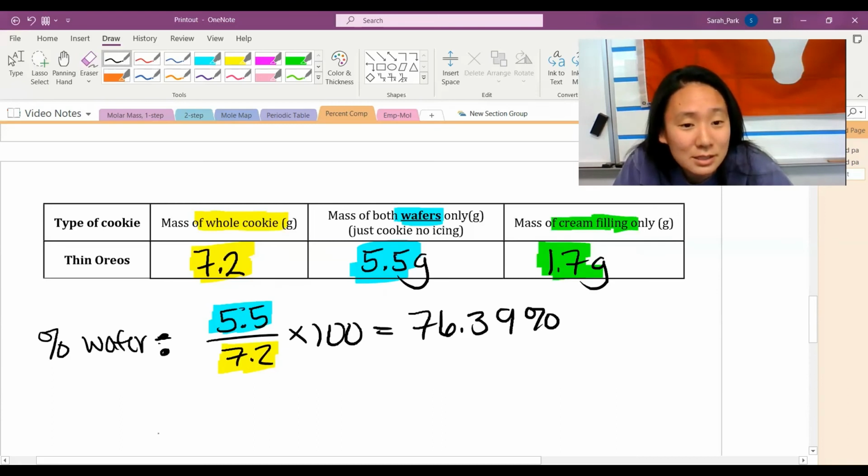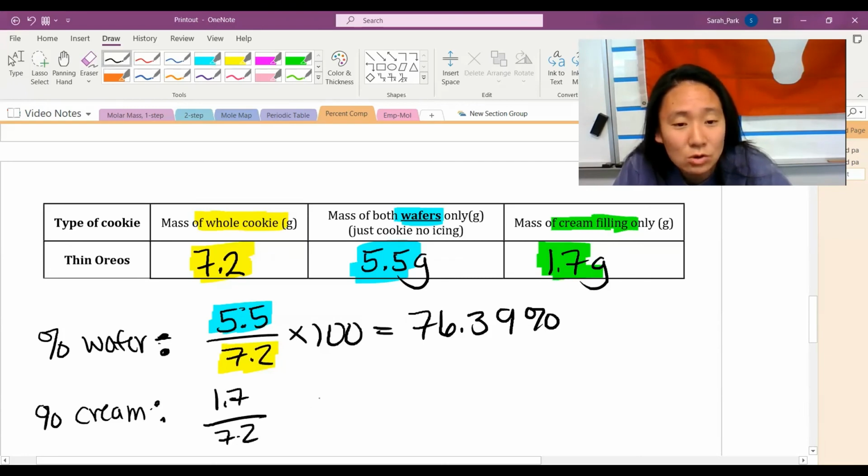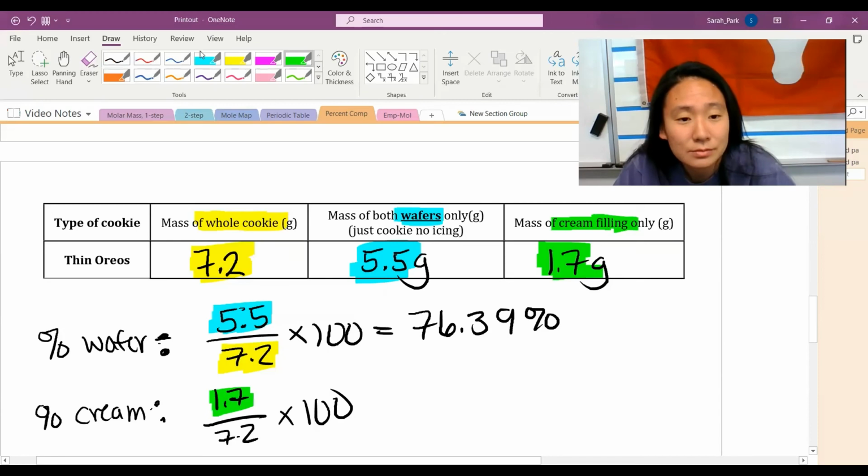So for us here, we have percent composition of cream. I'm going to take the 1.7 divided by the total times 100. So make sure you're using the correct numbers here, like this. And then we're going to calculate it.